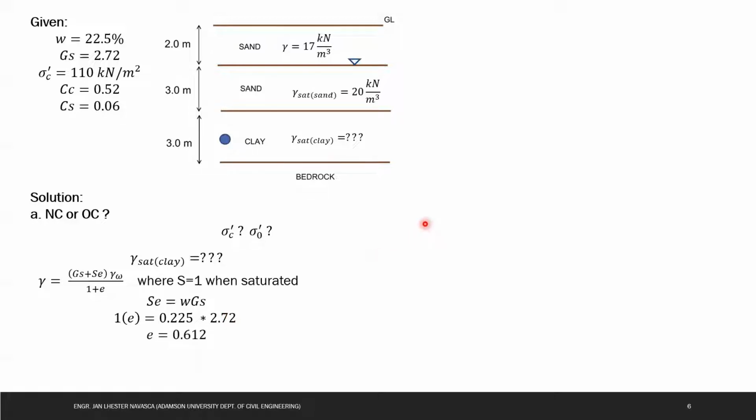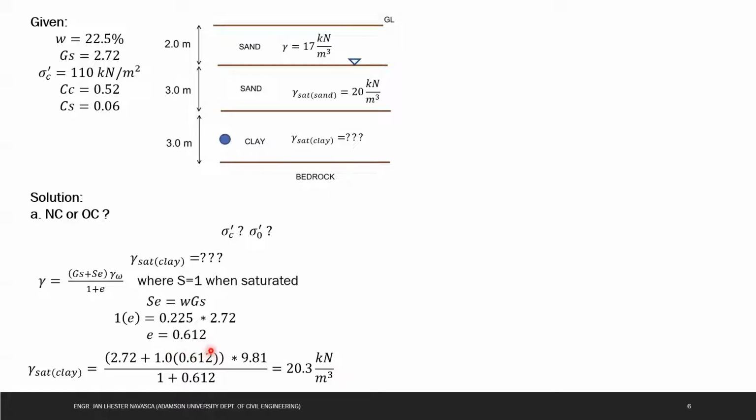Okay, so now we can solve for the saturated unit weight of our clay. Just plug in the values. So Gs, which is 2.72, plus e, when S equals 1, when saturated. So that is 100% under water, so S equals 1.